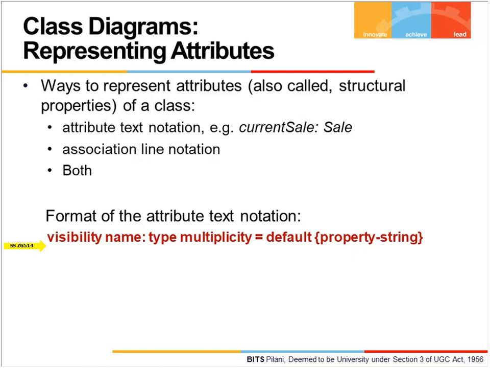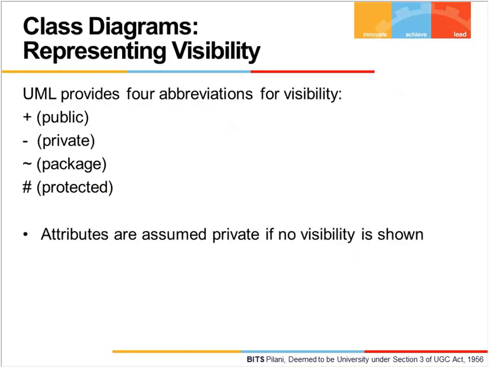Let's see first what we mean by visibility, right? In UML, we have 4 visibilities that you can represent. Your variable or the attribute can be public, private, package, or protected, right? And these are the 4 symbols that are used to represent the associated visibility.